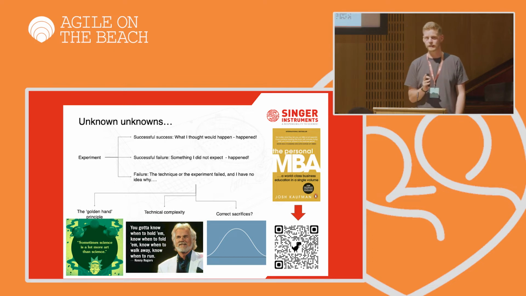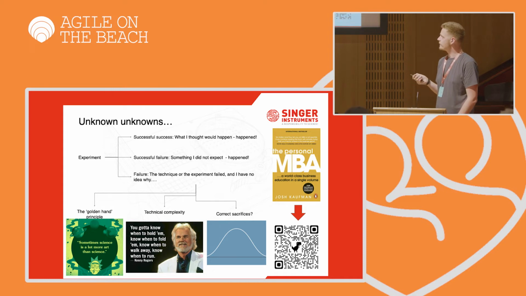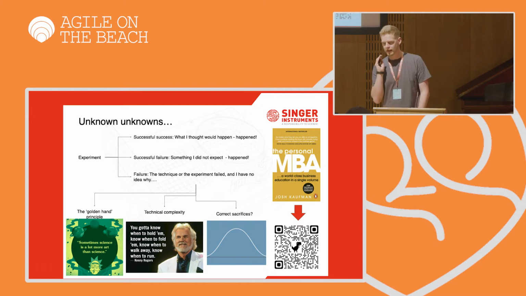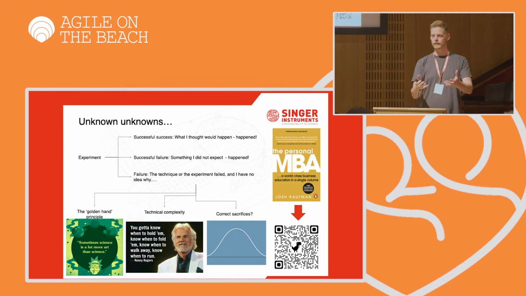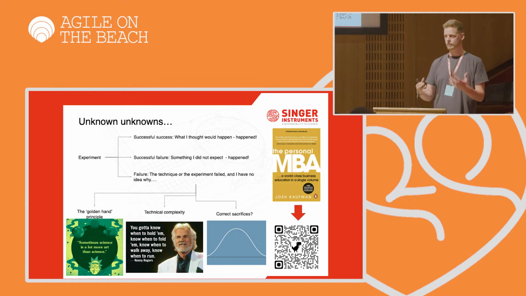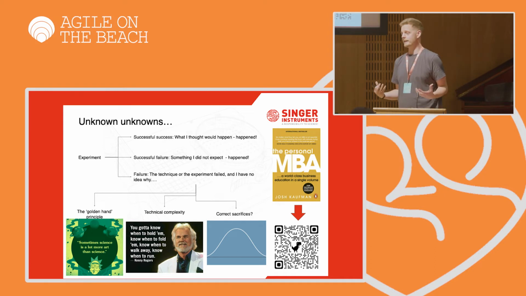Often that isn't useful, and it isn't useful for 3 different reasons. This isn't a conclusive list, but there's a couple of reasons why that might be. The first one is what we call the golden hand principle. Synthetic biology and working with microorganisms is still a practical skill. We still have to interact with it with our hands, which means you can get good at it.